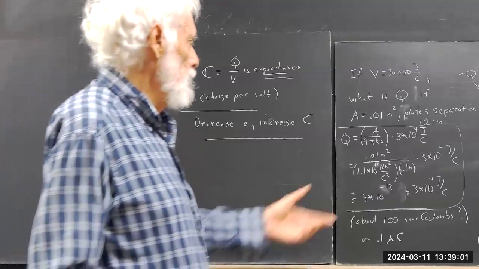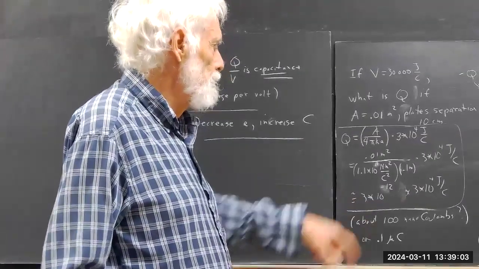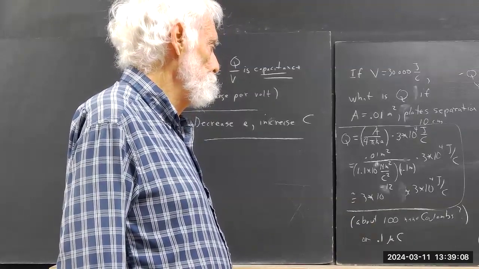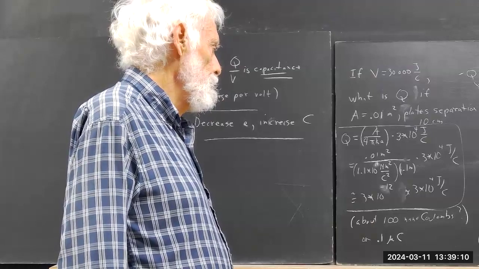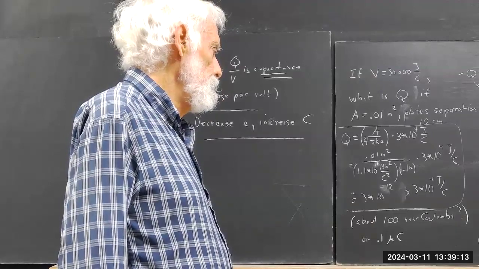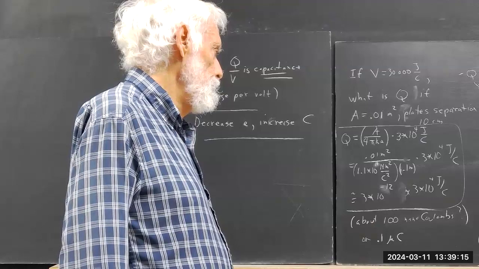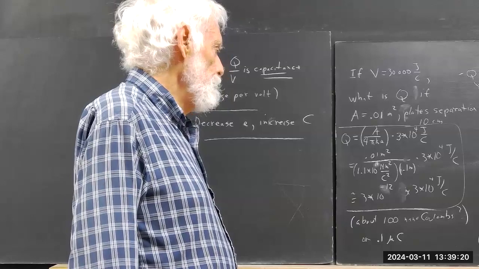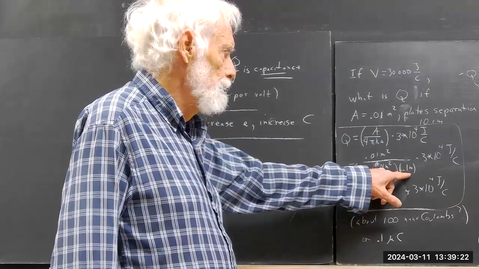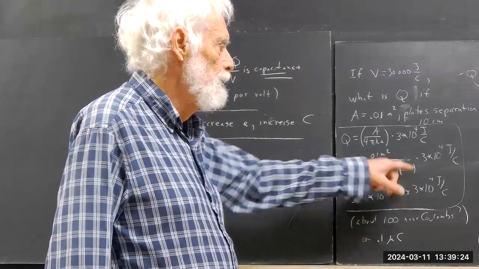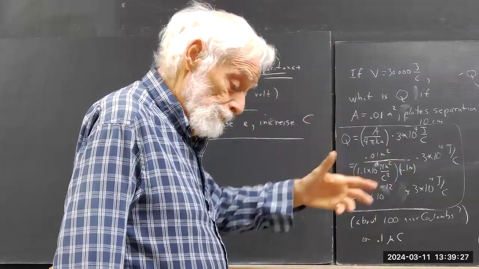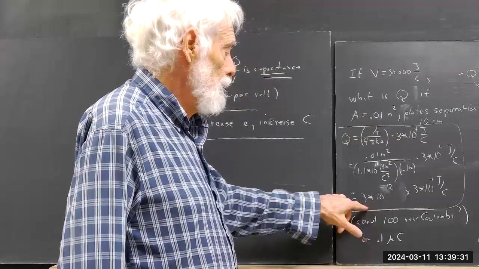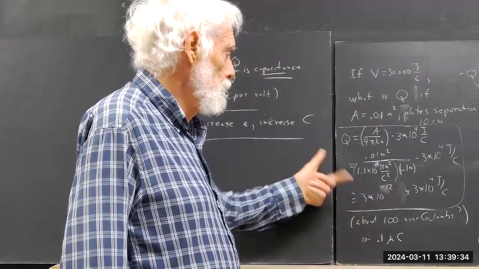Anyhow, you can work out the capacitance. This would be the capacitance in coulombs per volt. If I decrease this by a factor of 1,000, I'd have 3 times 10 to the negative ninth coulombs per volt.